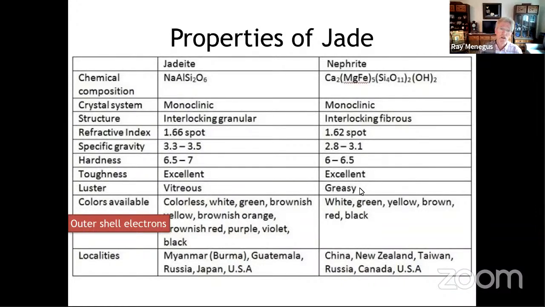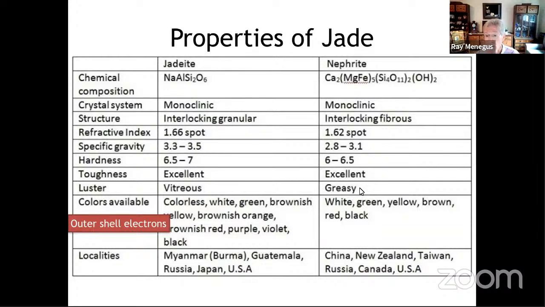Or to describe it another way, if you have two pieces of what look like identical polished jade, and you place them in your hand, the jadeite will feel cool and will maintain its coolness, whereas the nephrite will warm up more quickly.